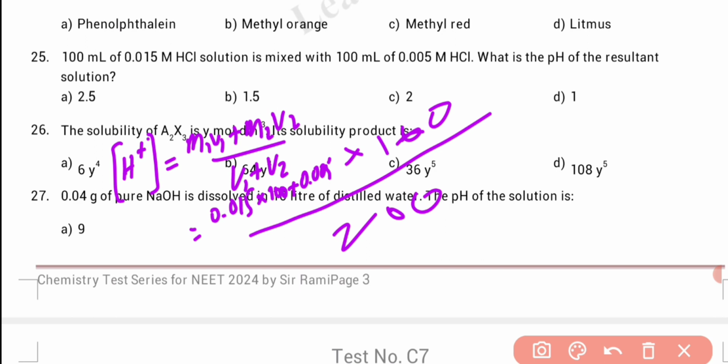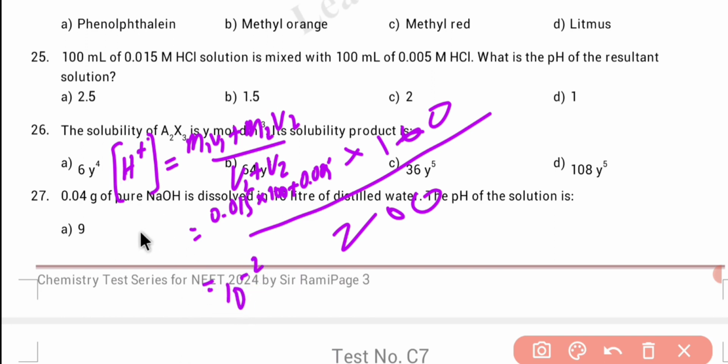So after solving this, I get 10 to the power minus 2.